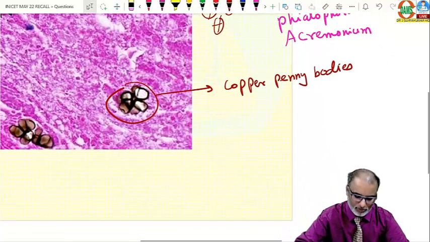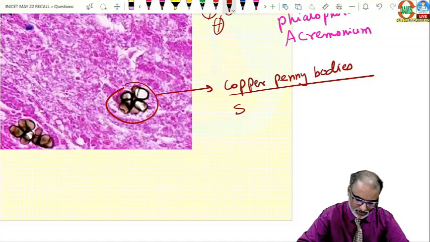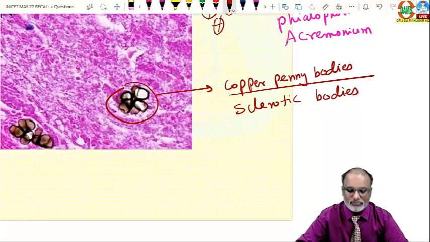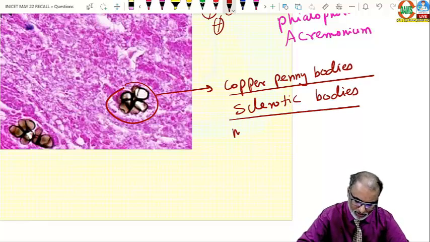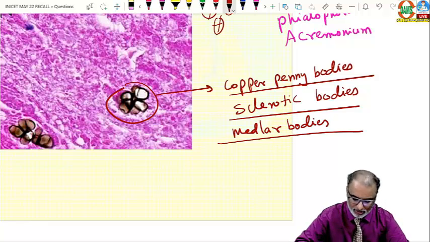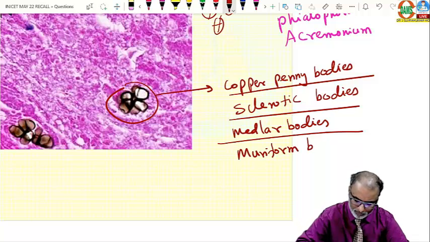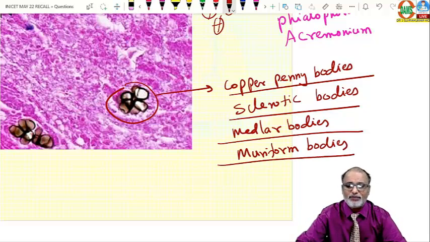Other names for copper penny bodies are sclerotic bodies, medlar bodies, or muriform bodies. All are the same, all are diagnostic forms of chromoblastomycosis.